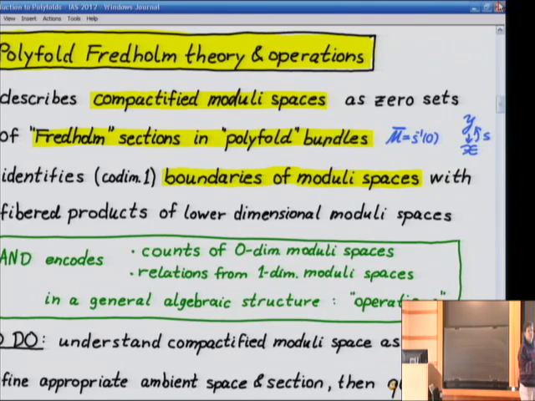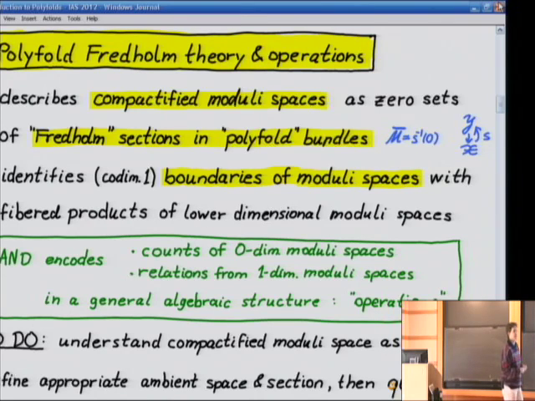That mirrors what happened in A-infinity structures, where the A-infinity algebra came out of understanding how disks can bubble. That's exactly what happens here, this immediate connection between the stratified structure of the compactified space and the algebra you're going to get out of it.